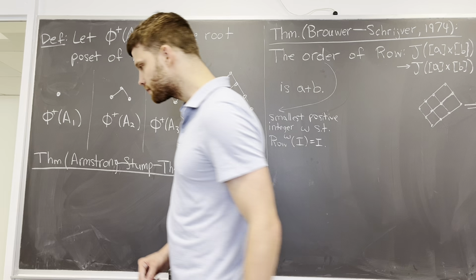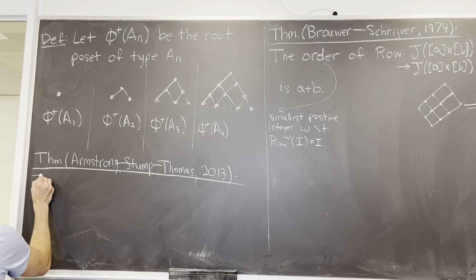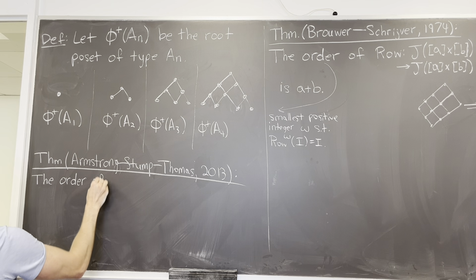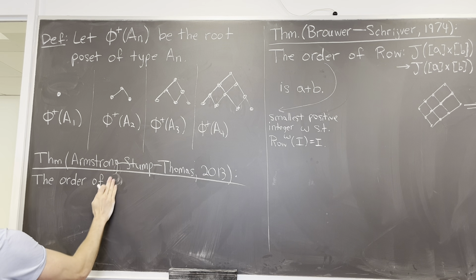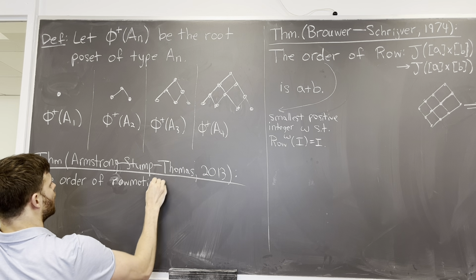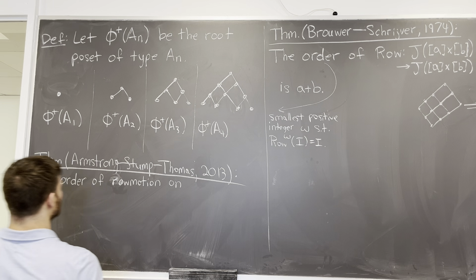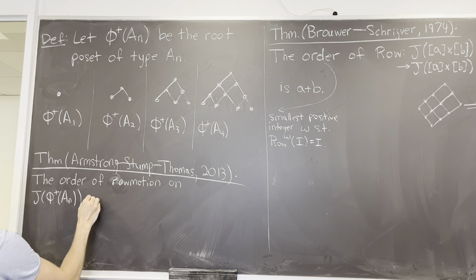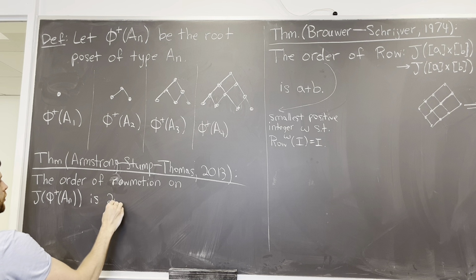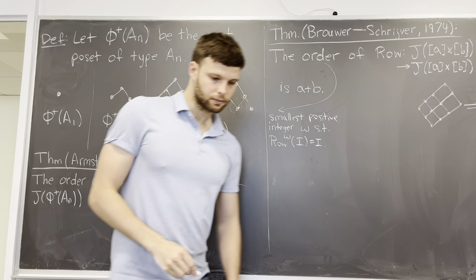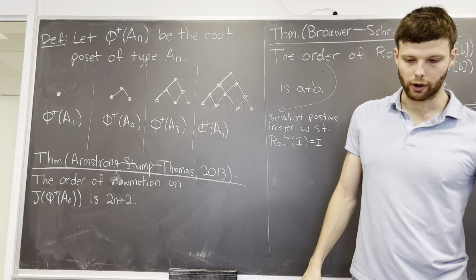So first of all, the order of Rowmotion on the set of order ideals of the root poset of type AN is 2n plus 2. So it's a very simple order.